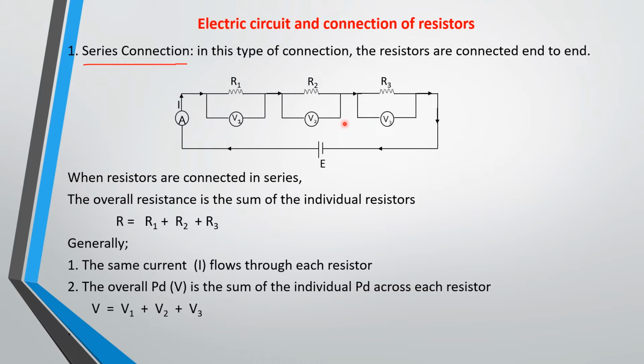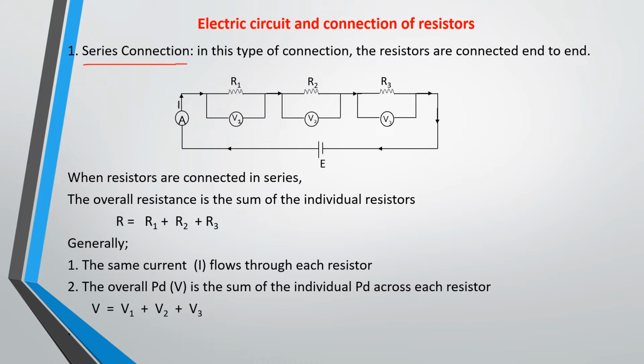Now, basically, what you should know is that when resistors are connected in series, their overall resistance is the sum of the individual resistances of the resistors. Is that okay? So here you have three resistors, R1, R2, and R3.